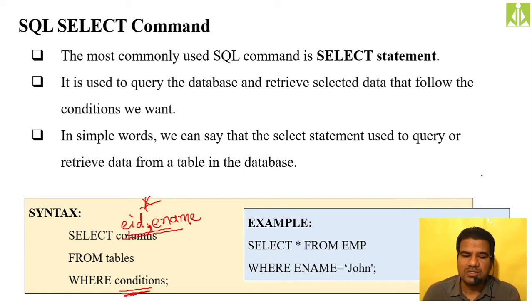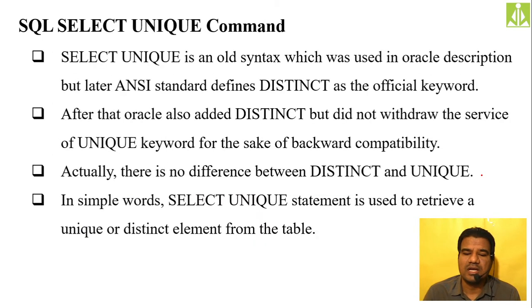Remember this one. So in this select command, what different keywords or sub commands you can put, that we will see in our next slides. So over here, select unique. Select unique is an old syntax basically. It is an old syntax which was used in Oracle.